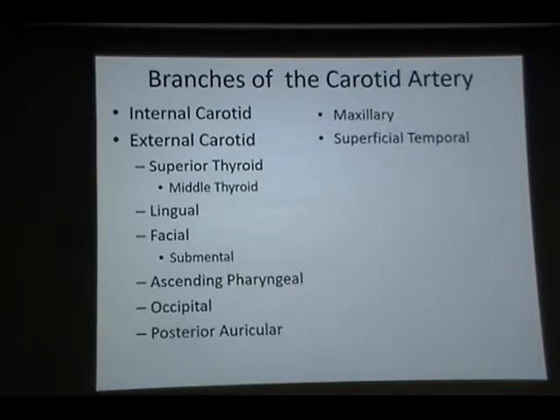There is many times a middle thyroid artery that comes off the superior thyroid. So where is this artery going? Thyroid gland. The thyroid gland is a highly vascular gland.